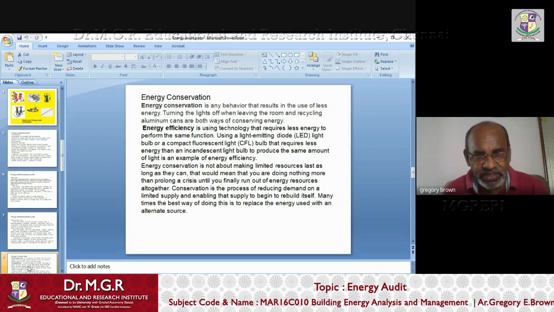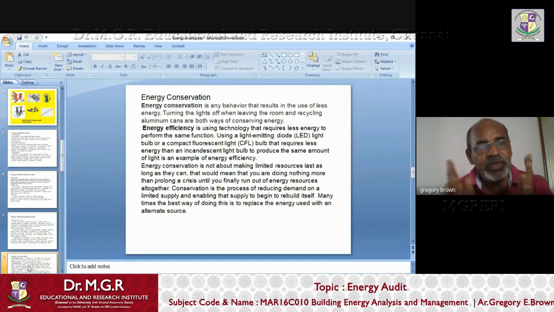Unlike energy conservation, where you are concerned about using energy, whether it is efficient equipment or conventional equipment, you turn it off, you try to use it minimally. For example, we have an air conditioner. Once you find it cool, you want to turn it off.